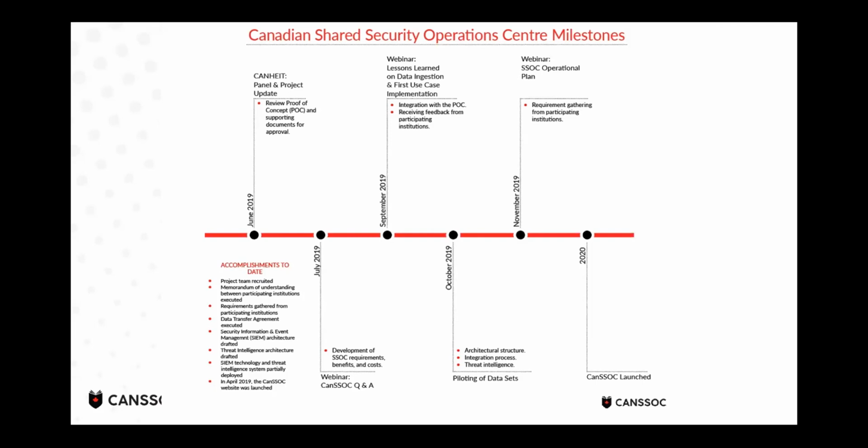So that's where we're at now: we stood up the project, got the agreements in place, and are now working through each of these areas. In terms of data transfer, we started actually looking at really doing it in June. In July now, we're working through these processes. We're going to come back to you in September to talk about how it's going.